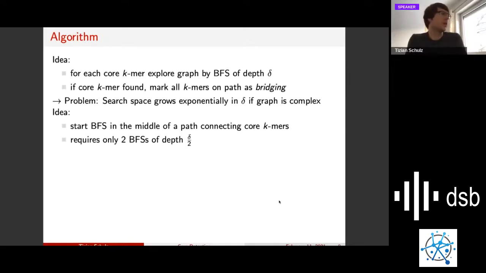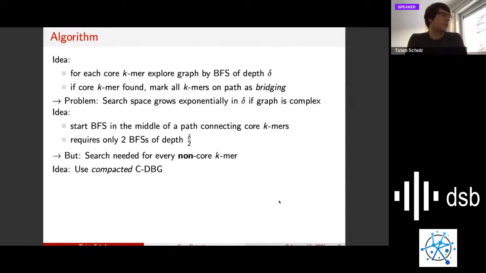So the search space is a lot smaller here. However, we need to do this for every non-core k-mer. In the middle of such a path, there cannot be a core k-mer, but we have to consider all non-core k-mers here, and these can potentially be a lot.